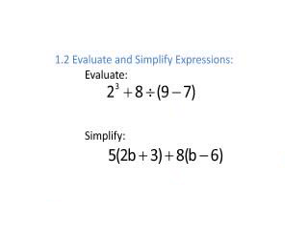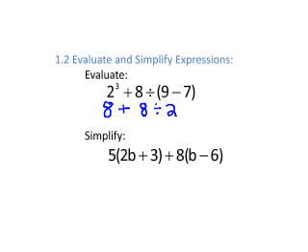We also looked at simplifying expressions and also evaluating them. For evaluating, we just have the order of operations. Looking at this first one, I have to do the power first. So 2 times 2 times 2 is 8. Then I want to do inside the parentheses, so 9 minus 7 is 2.